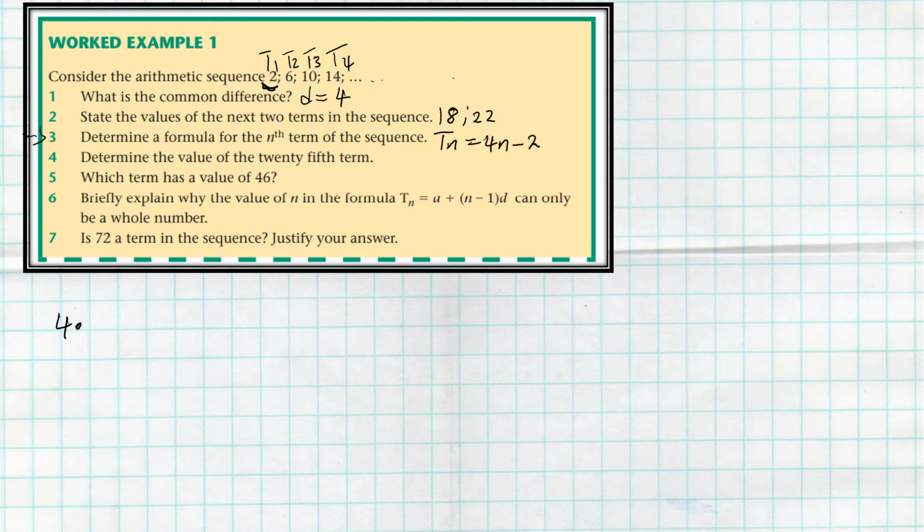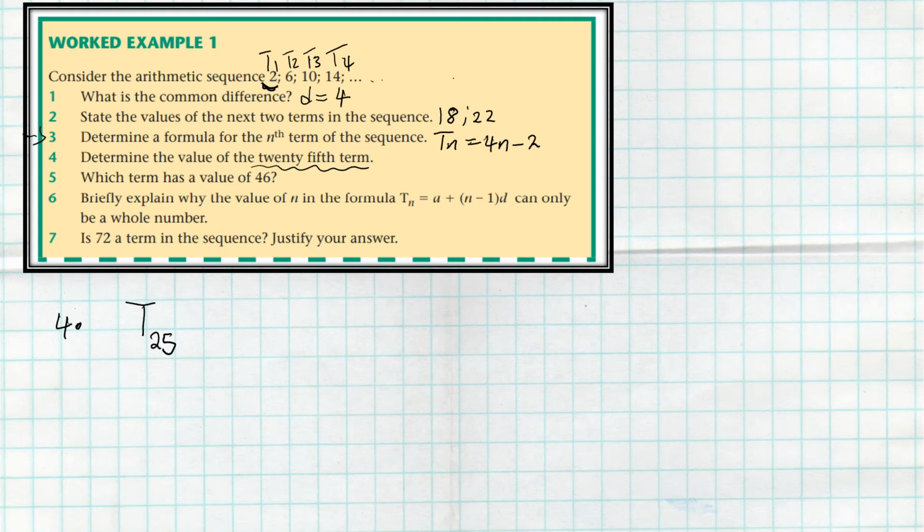Let's now go to question 4. It says determine the value of the 25th term. So what do they need? They want term 25, so where there is n, we replace it by 25 because the position is number 25.